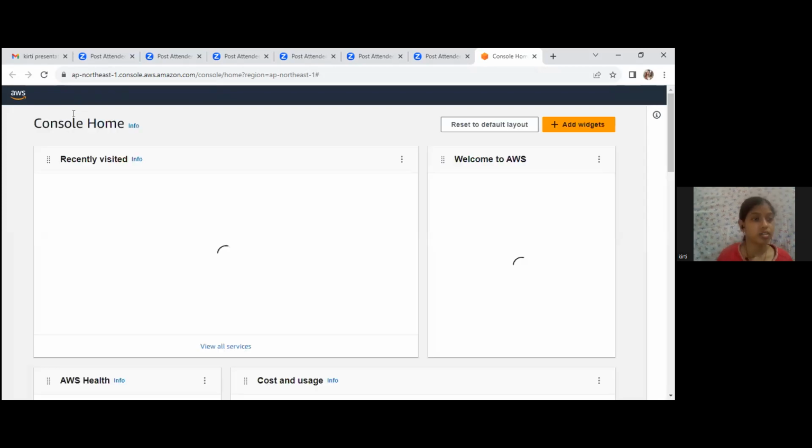So my screen is visible. Firstly, we log in to our AWS Management Console. This is the console home and dashboard of the AWS console.